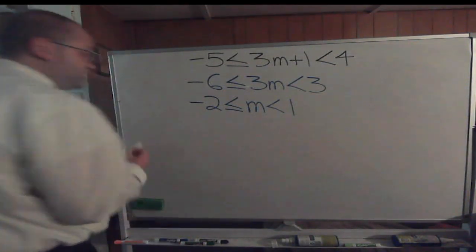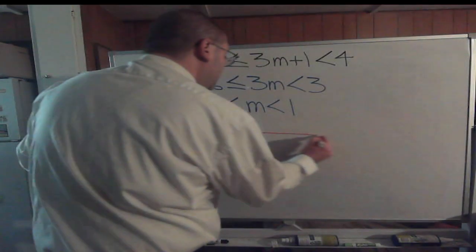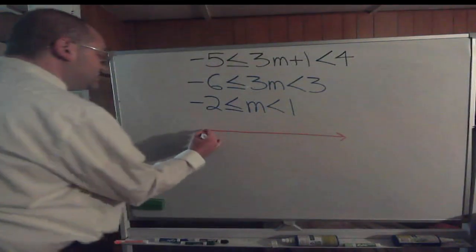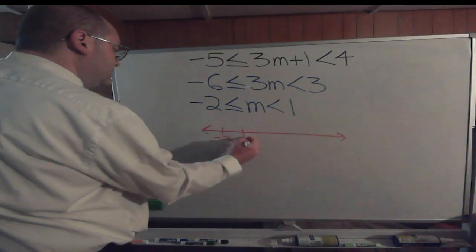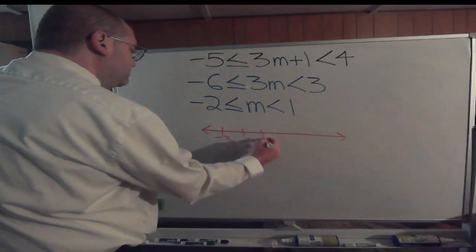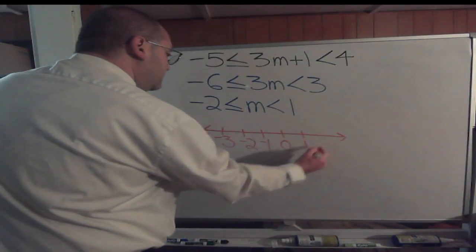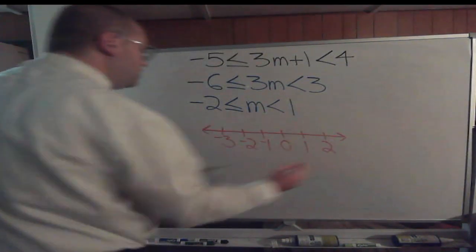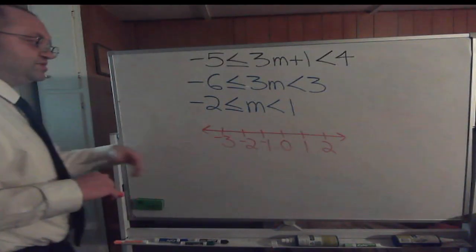And then the final step, I need to graph this. Alright. Let's see, I'll put negative 3 there. Negative 2, negative 1, 0, 1, 2. Alright. So now I have a good representative sample of numbers on the number line.